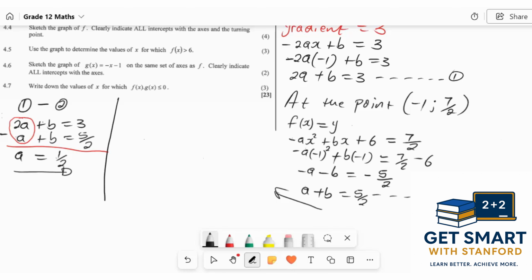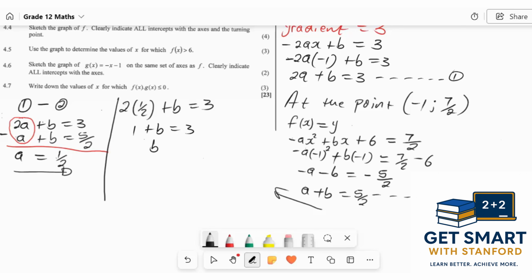So how are we going to do that? Let us substitute the value of a into any of these equations. You will need to substitute into just one equation, but I will substitute into both just to show that we can get the same answer on both. So let's say on equation number 1, we've got 2 into 1 over 2 plus b equals 3. 2 multiplied by half is 1 plus b equals 3.